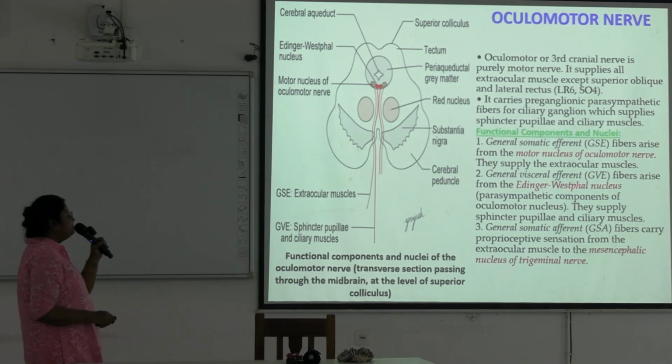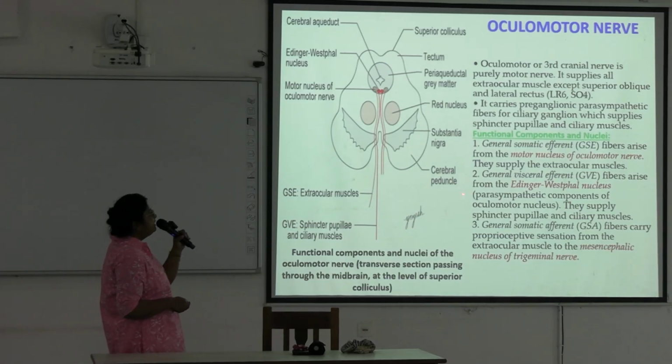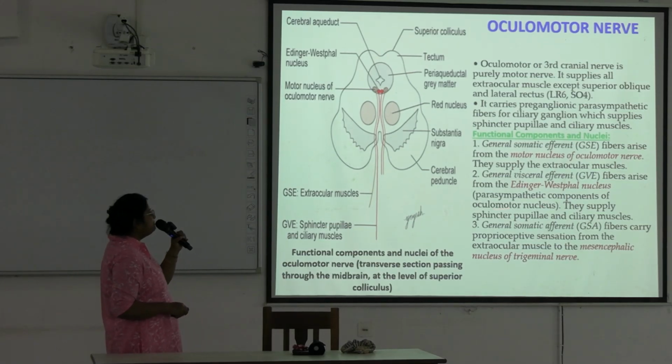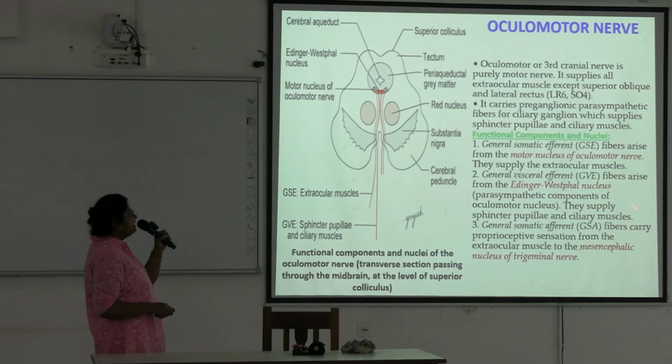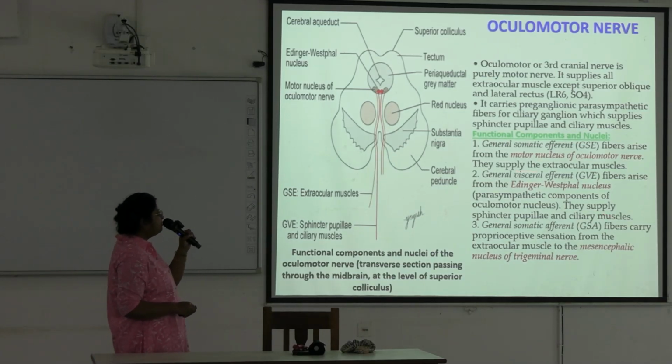Next is general visceral efferent. These fibers arise from the Edinger-Westphal nucleus, the parasympathetic component of the oculomotor nucleus, and supply the sphincter pupillae and ciliary muscles.